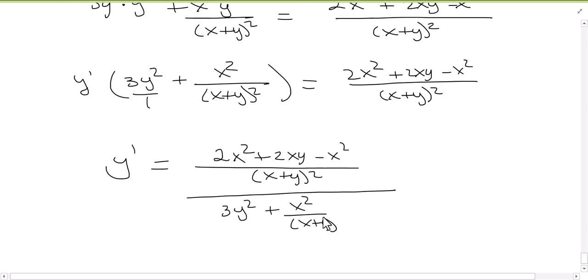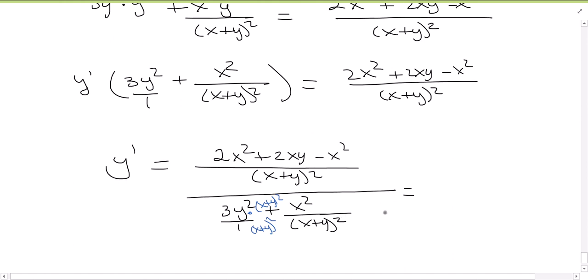(x plus y) squared. Now resist the urge, you don't cancel those, right? Because that is not a common one to here. And that's where I mean that if you get a common denominator, if you have (x plus y) squared, then you will be able to cancel them.